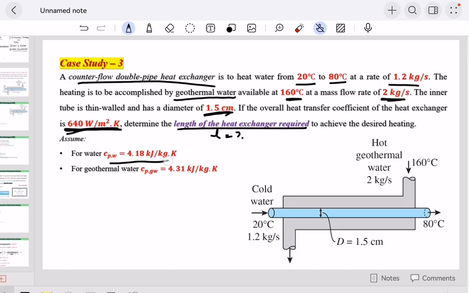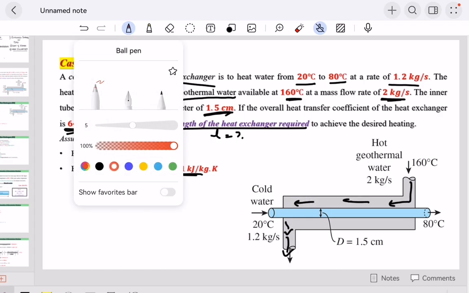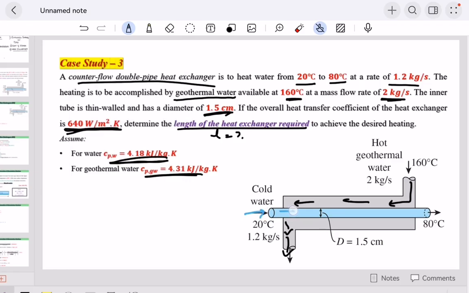Now the Cp, the specific heat, for both are given. Now let's see the problem. The hot water, the geothermal water, which is hot, is coming from this side and it's flowing out from this end. The cold water is coming in from this side and it's going out from the other side.